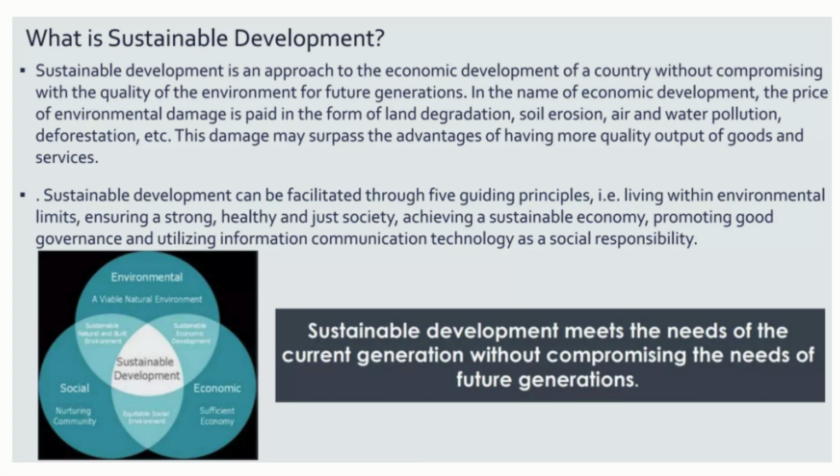Sustainable development meets the needs of the current generation without compromising the needs of future generations. As you can see in this Venn diagram, in the middle is sustainable development, and we have environmental, social, and economic goals which must be attained together.